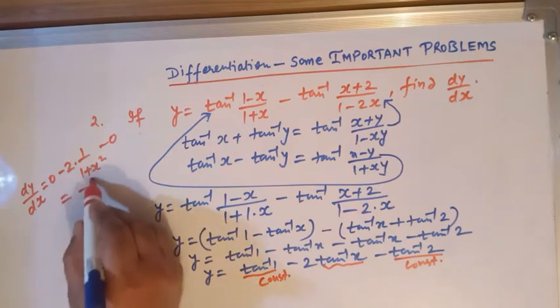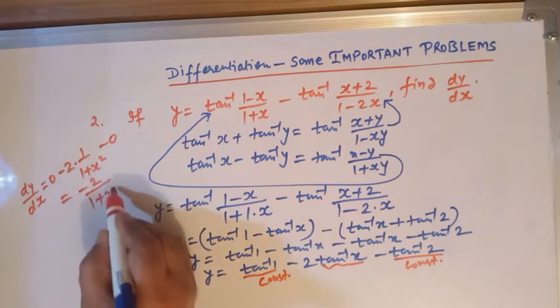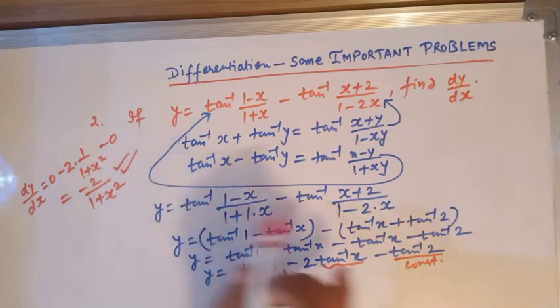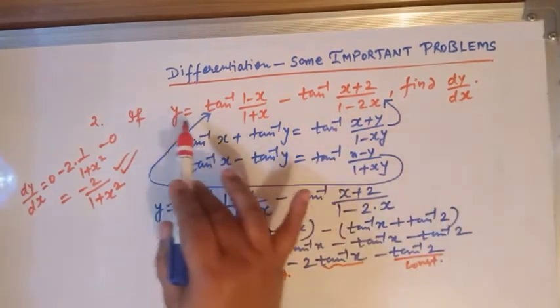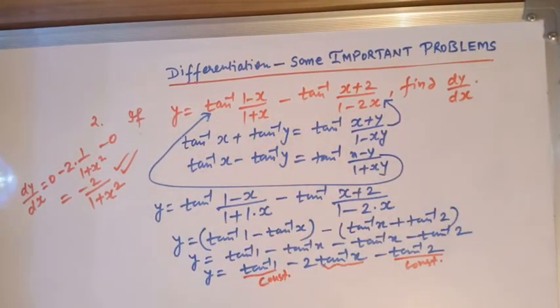So in all we have minus 2 over 1 plus x square. So this is the required derivative of this expression. Clear?